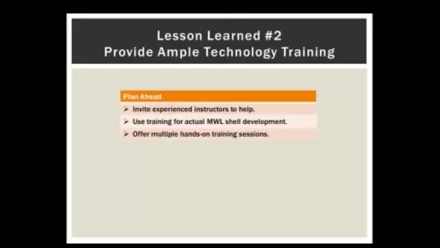I also would have encouraged you to use the training for instructors to develop their actual shells. That was one of the comments that we got when we did do training, is that it was very generic. So a Pearson rep would come in and give us an overview of how to set up a course, but instructors ultimately went away and still had a lot of questions about how their individual course would work.